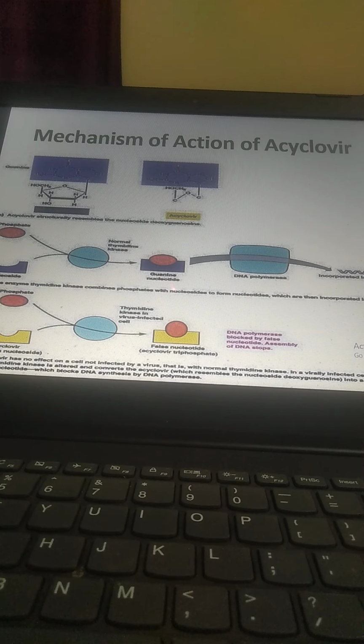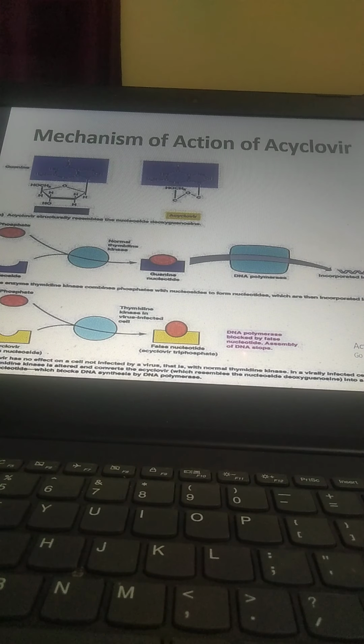This is the phosphate step. Acyclovir is acted on by thymidine kinase from the virus, and a false nucleoside is formed, acyclovir triphosphate, which is the active form.